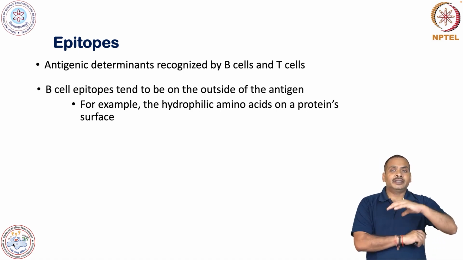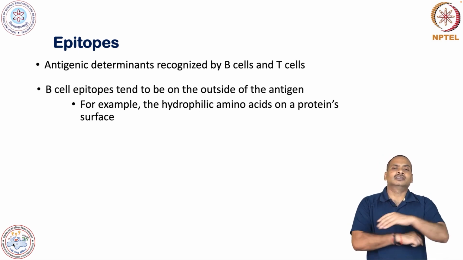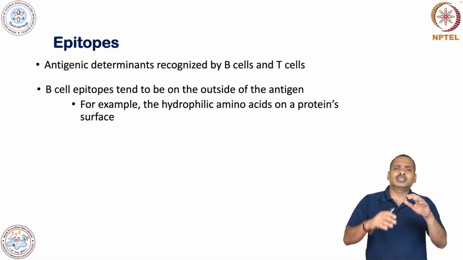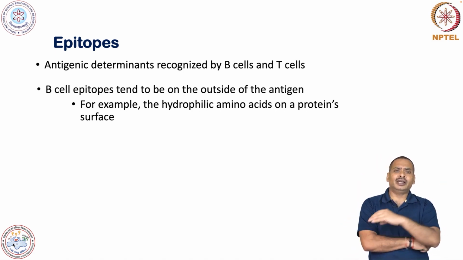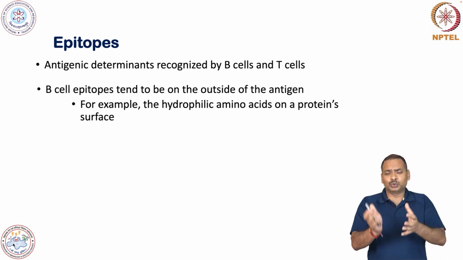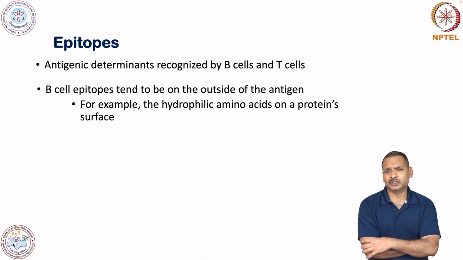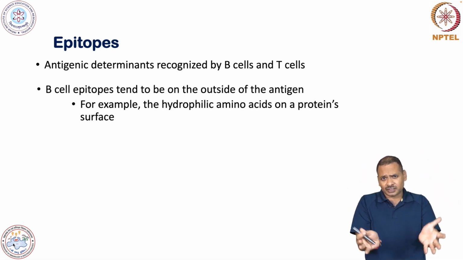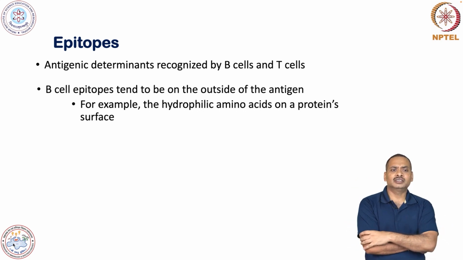So, in three-dimensional structure, you may very well be aware that the surface of the protein basically consists of hydrophilic amino acids, and the inner core of the protein basically consists of hydrophobic amino acids, because there is no water molecule over there. But on the surface there are water molecules, and generally these are hydrophilic in nature. Okay.